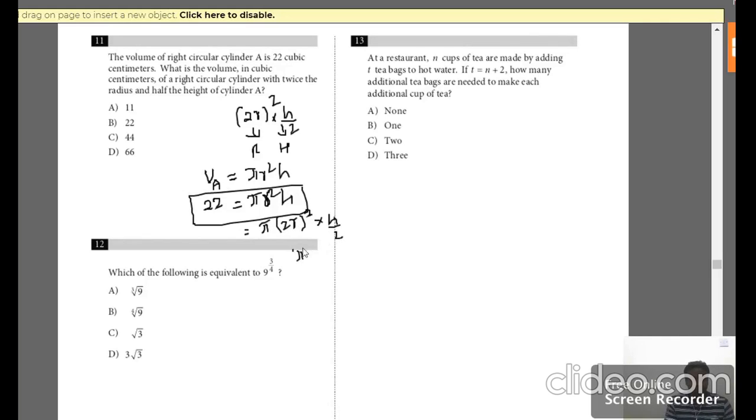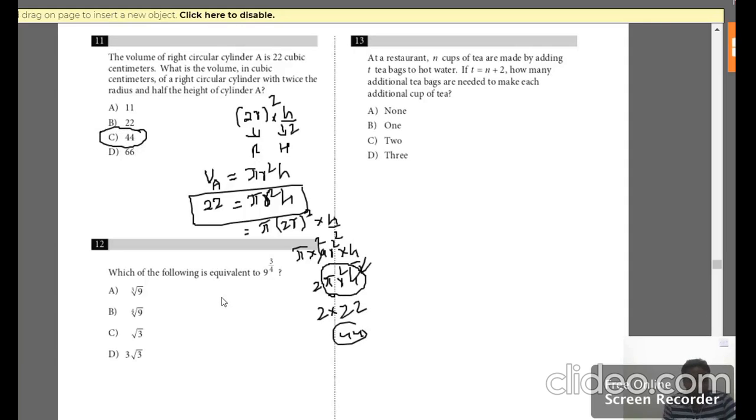So basically it will give me 4r square into h over 2. Upon simplification you get 2 pi r square h. So this is our original, the earlier one, and the new one is 2 times. So it is 2 into 22 will give you 44. So C is your answer.